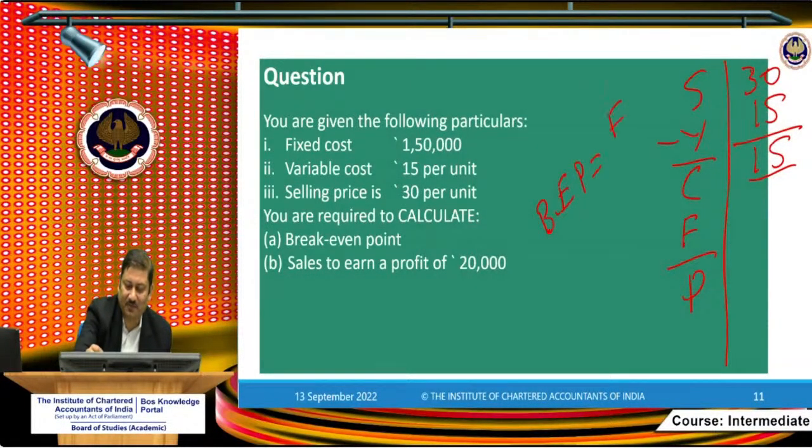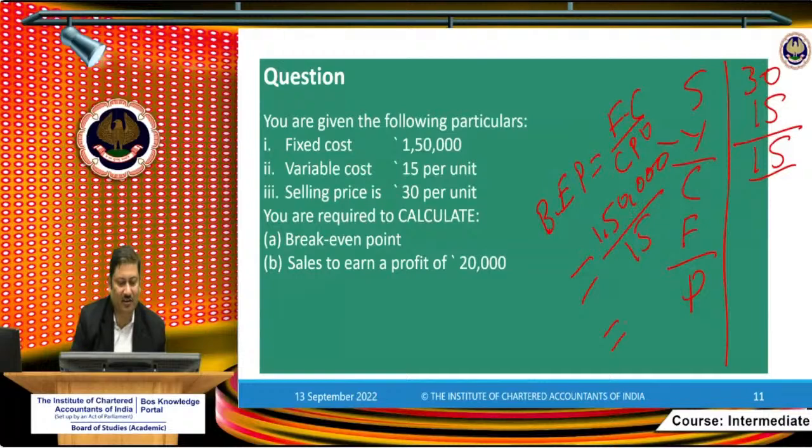Fixed cost by contribution per unit. What is the fixed cost? 1,50,000 is the fixed cost and 15 is your contribution per unit. So in units, break even point is going to be 10,000 units.